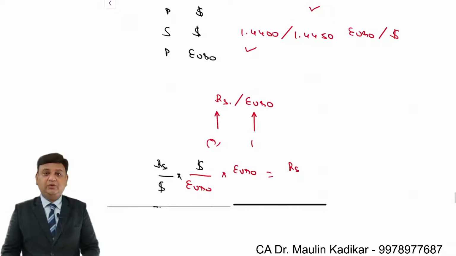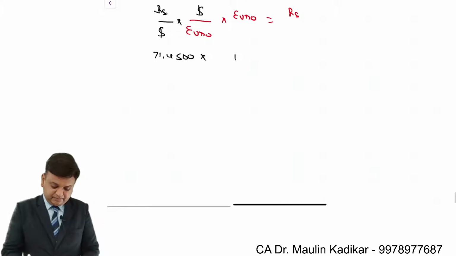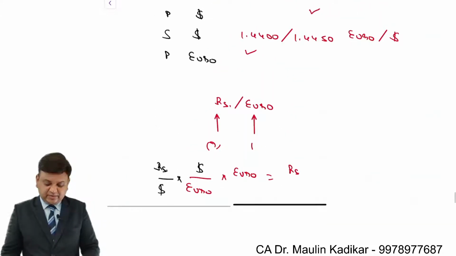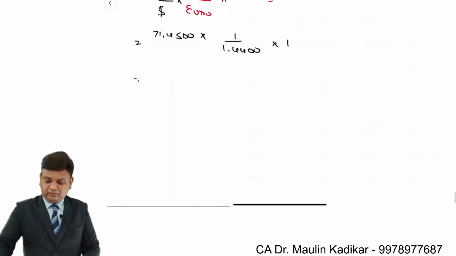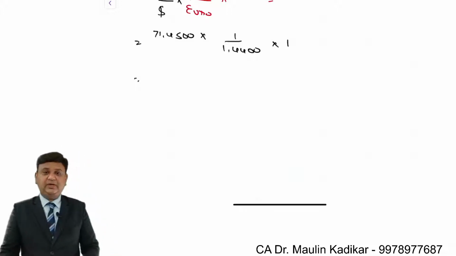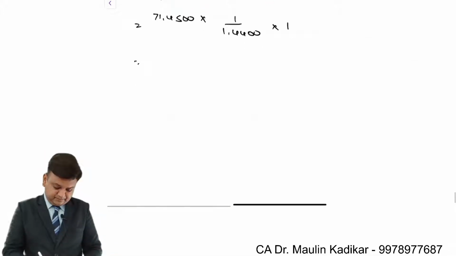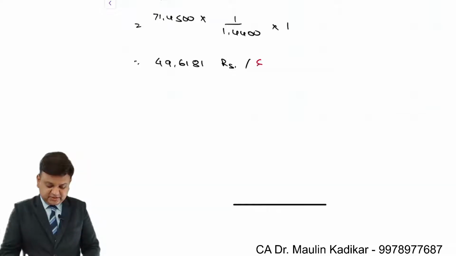I want dollar per euro, but euro per dollar is given, so I have to take the reciprocal. Answer is required per euro, so it is into 1. So 71.45 upon 1.44. The answer comes to 49.6181 rupees per euro. This is the exchange rate.